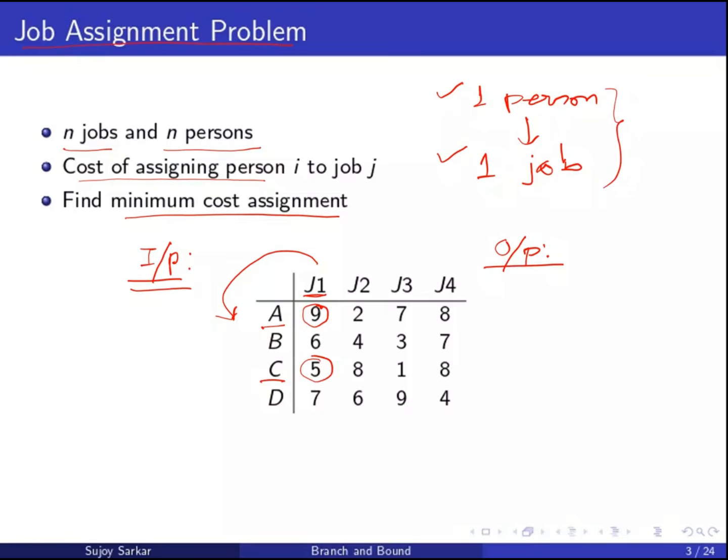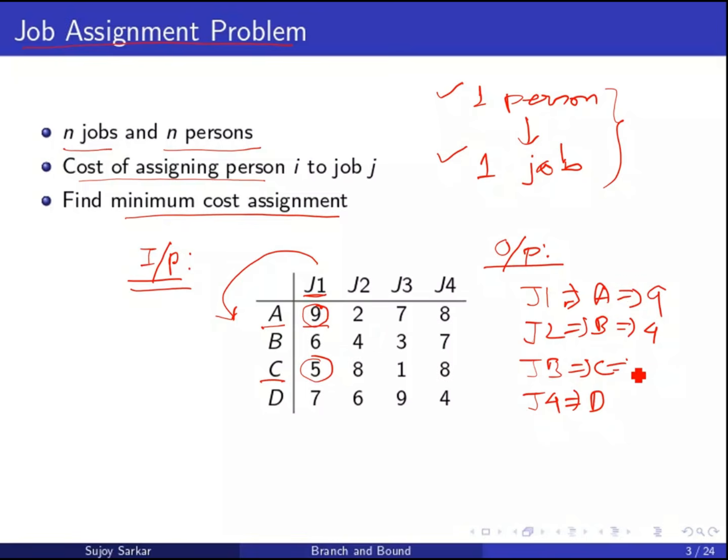So output can be any kind of assignment, like say job 1 is assigned to A, job 2 is assigned to B, job 3 is assigned to C, job 4 is assigned to D. Now this assignment will have a certain cost. For example, job 1 to A costs 9, job 2 to B costs 4, job 3 to C costs 1, and job 4 to D costs 4.